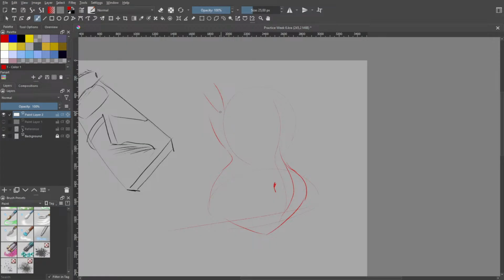I don't know where. Don't know why. Don't know how. What do you even call this area? Armpit. Right. Armpit. I remember.